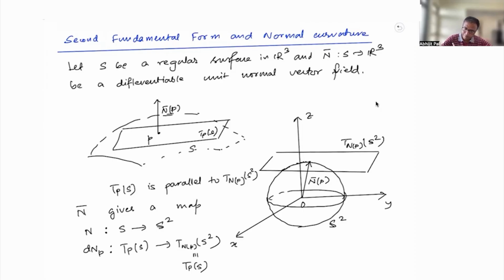Okay, so this N map is called the Gauss map. So this NP here is equal to this NP. And dNP is a linear map from TPS to TPS. We have shown that this is a self-adjoint operator.